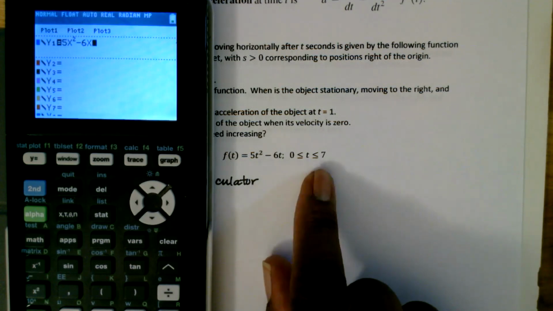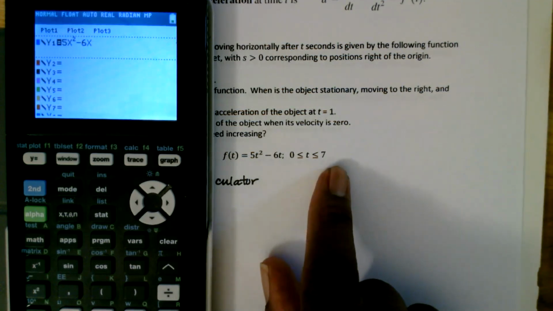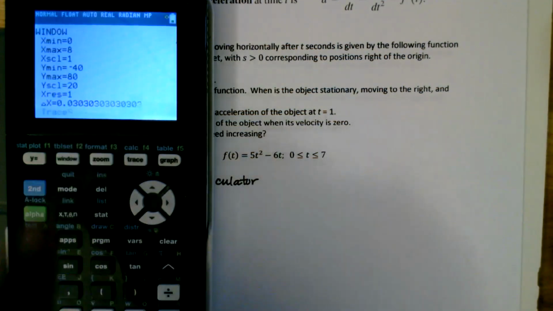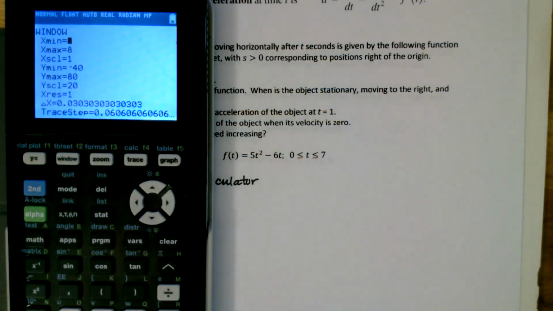Now my interval is from 0 to 7 for my t values. So I'm going to go to window. In this case, I'm going to look at the possible answer choices in the homework. You'll get a choice of which graph fits the one that's on your calculator screen. So x min will be 0, x max will be 7, and the x scale will be 1.